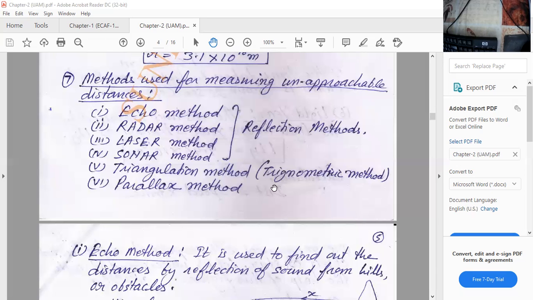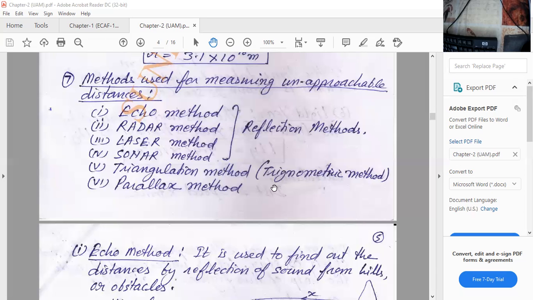Now, the sixth method is the parallax method. Parallax is when we measure an angle of a body located at a finite distance with respect to an object situated at infinity. That method is known as the parallax method, which we will see here.